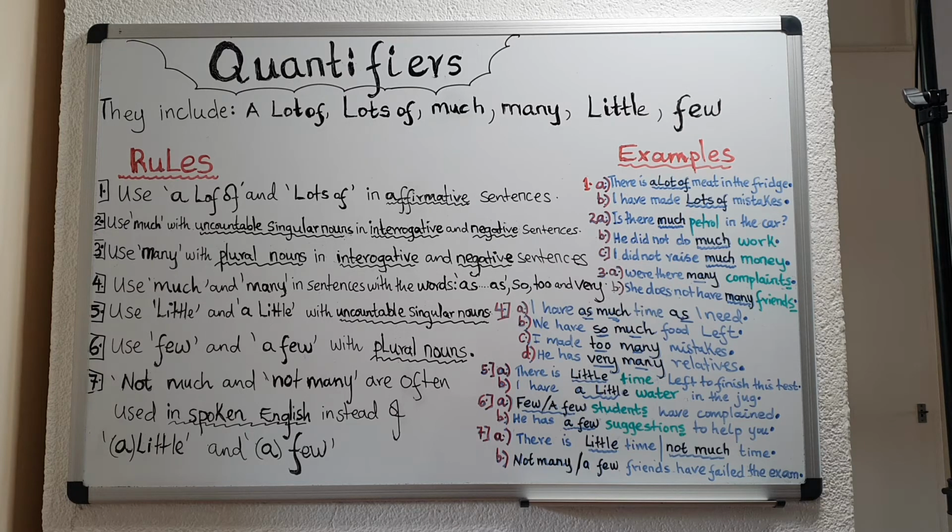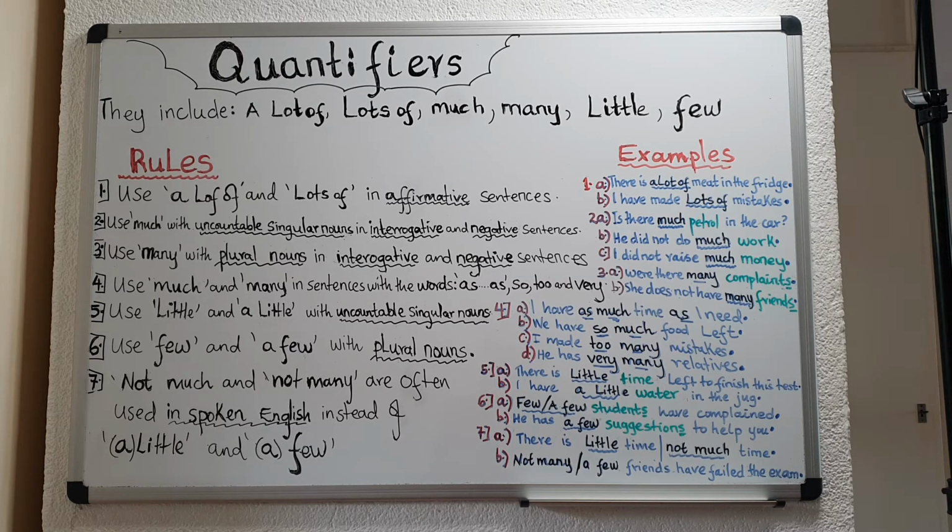We have also used the quantifier much, because we have an uncountable noun, and that noun is petrol. Okay? It is an uncountable singular noun, that is petrol, because you can't add s to petrol in the plural form and say petrols. No, petrol is petrol. It remains petrol in the singular. It remains petrol in the plural.